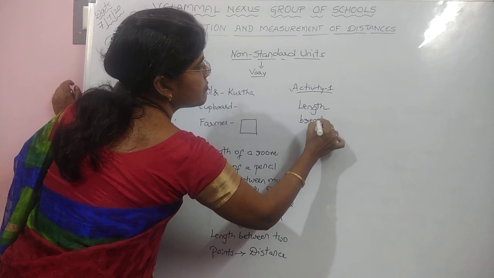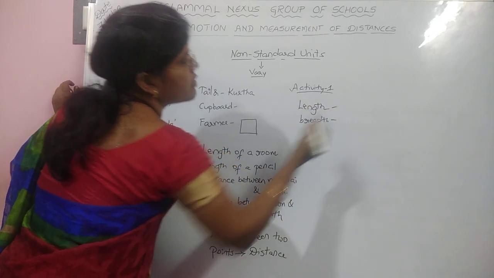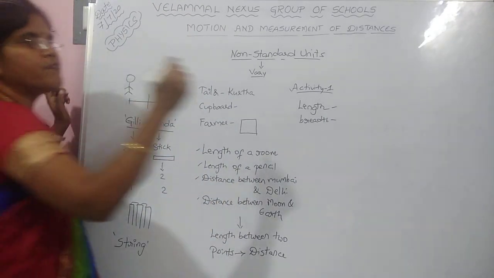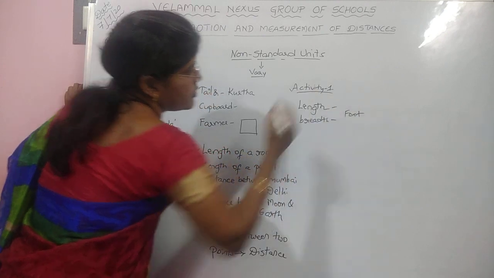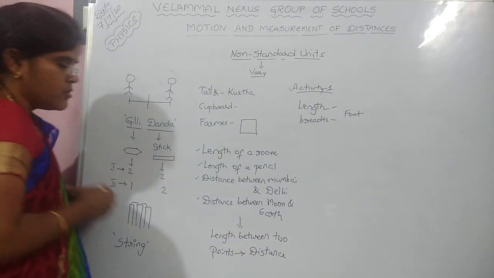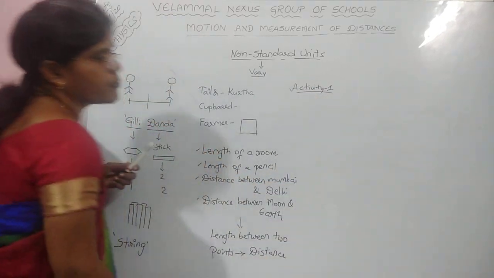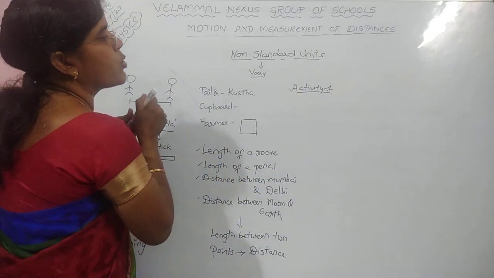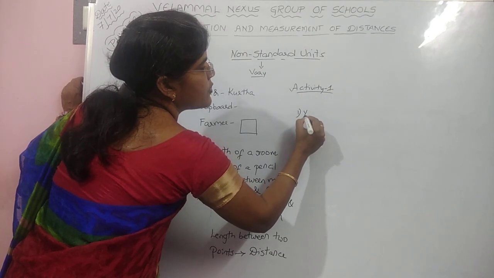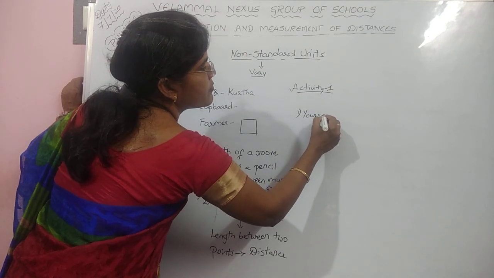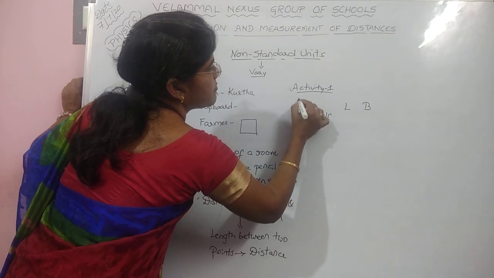You want to measure. Use your foot and measure. Here we are going to find out the length and breadth of a room using foot. First of all, you yourself find the length and breadth of a room by foot.